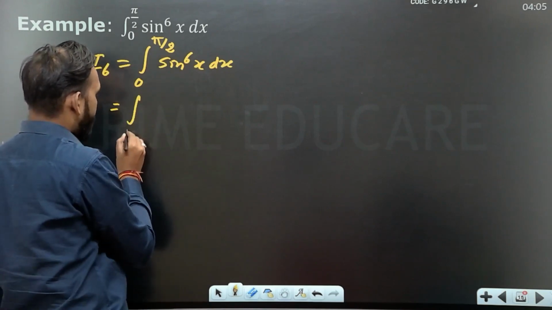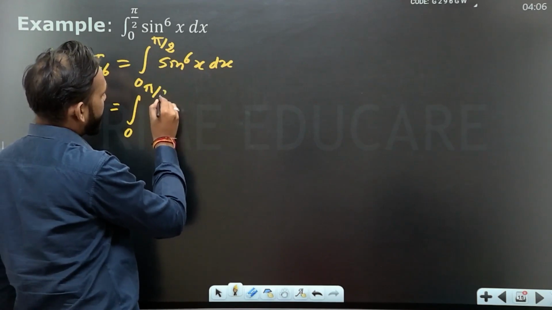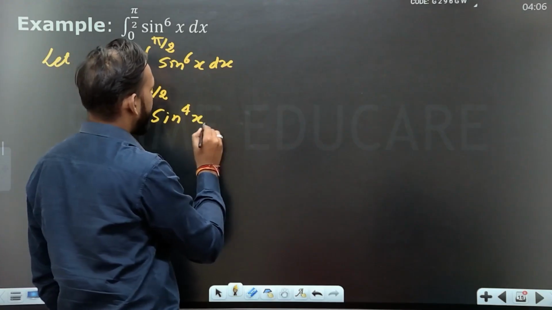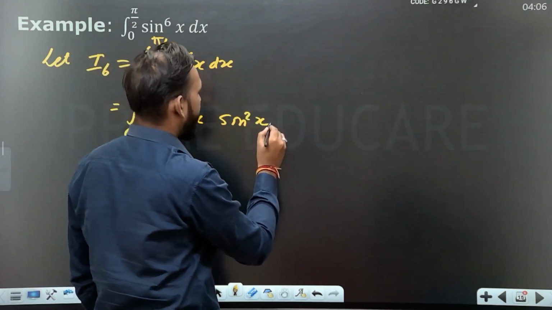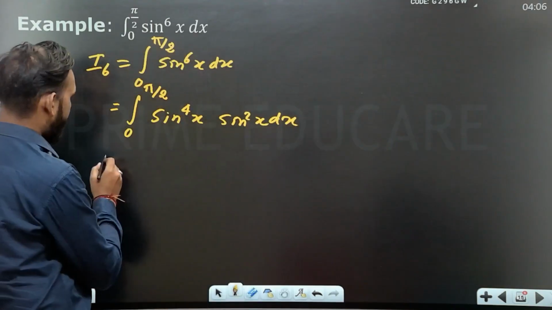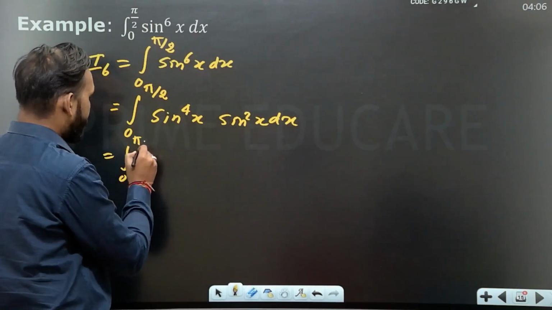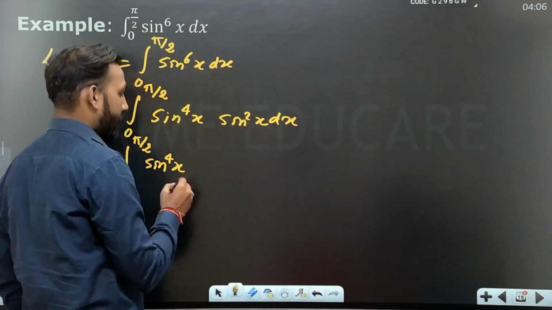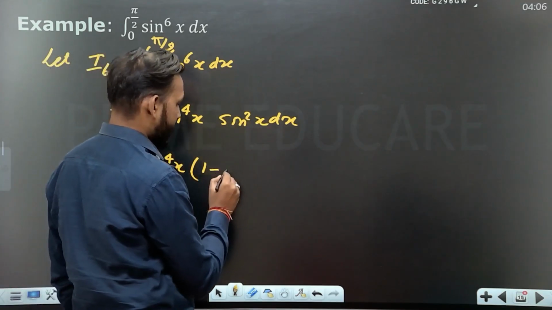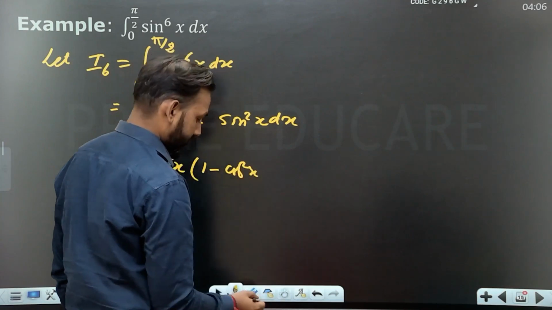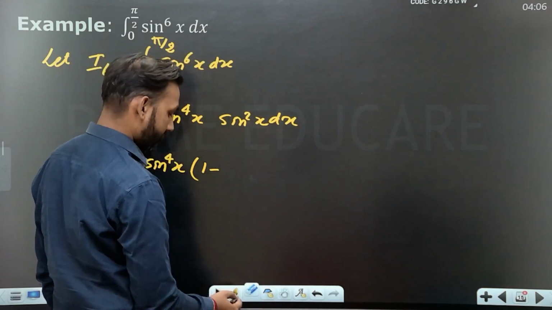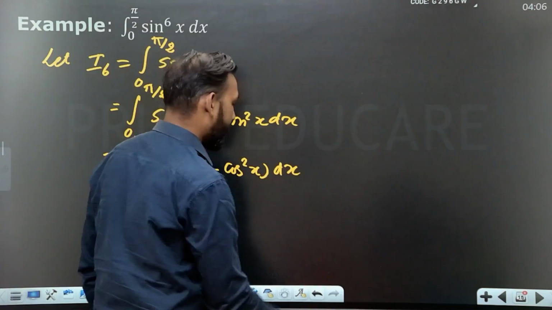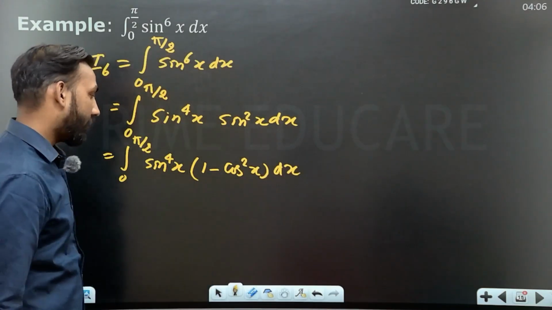Now we can divide this power into sine to the power 4x and sine to the power 2x dx, right, and then the integral from 0 to pi by 2 of sine to the power 4x, and we can write sine square x as 1 minus cos square x dx. Yes or no? Now we have to reduce this particular formula.